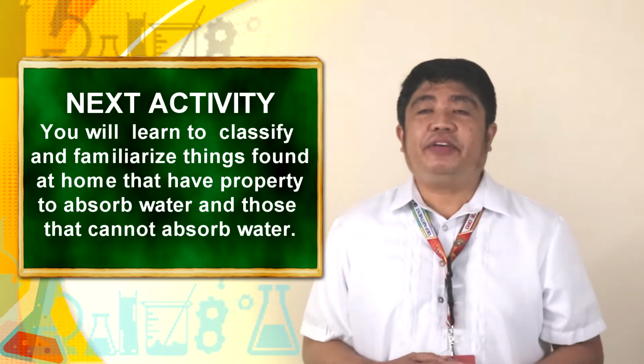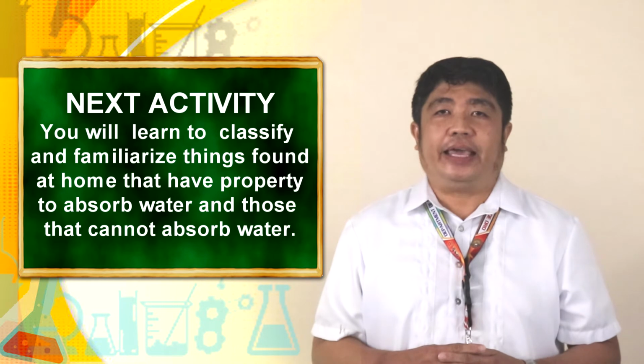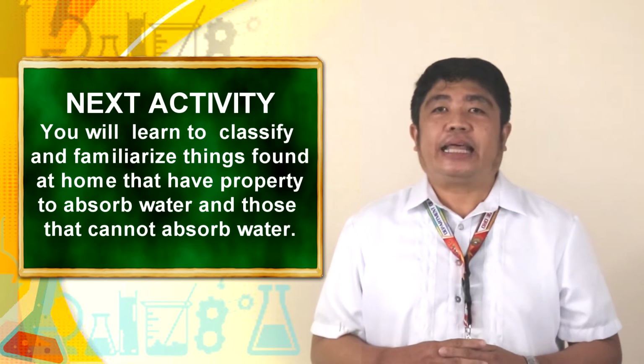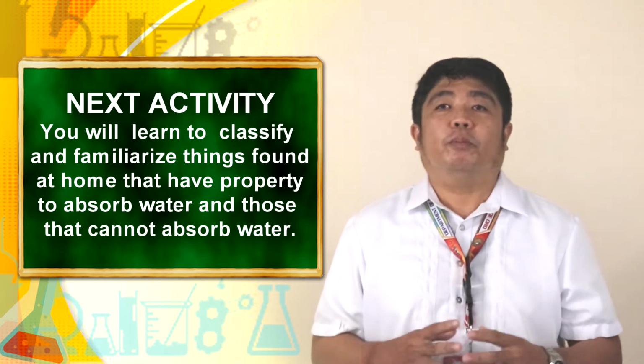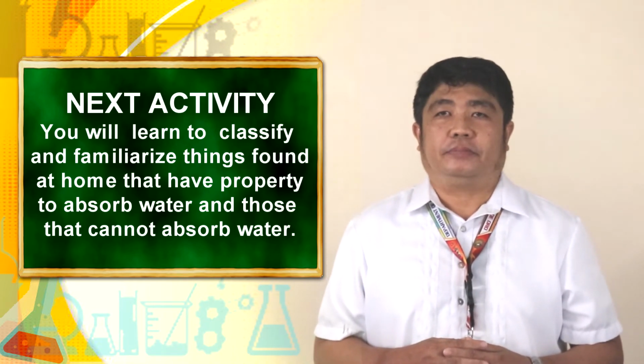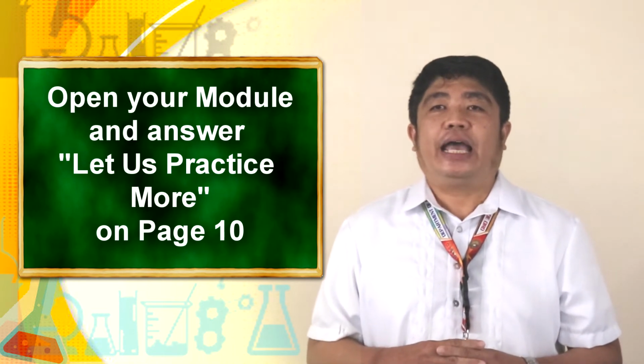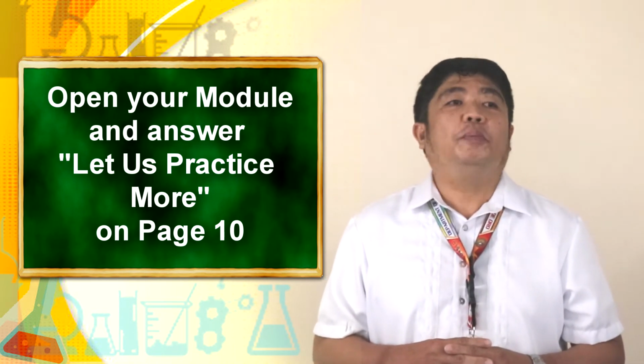In the next activity, you will learn how to classify and familiarize things found at home that have the property to absorb water and those that cannot absorb water. Open now your module and answer Let Us Practice More on page 10.